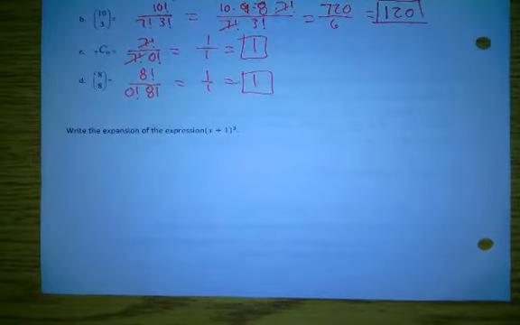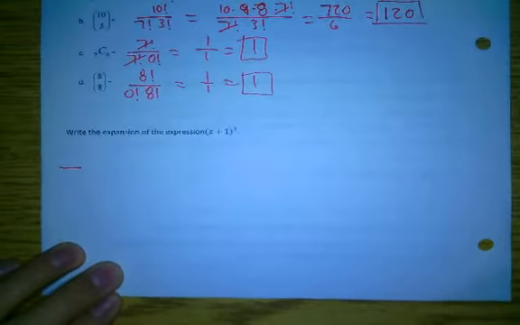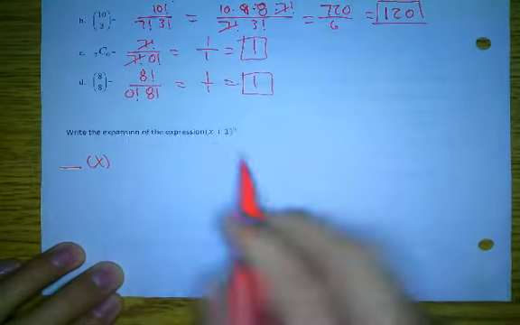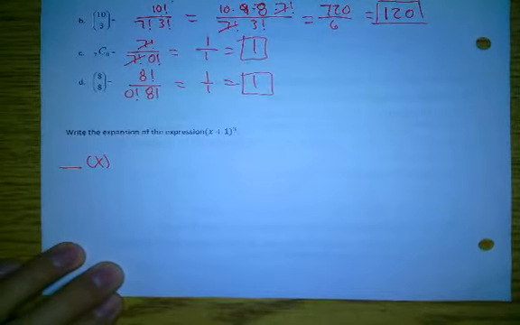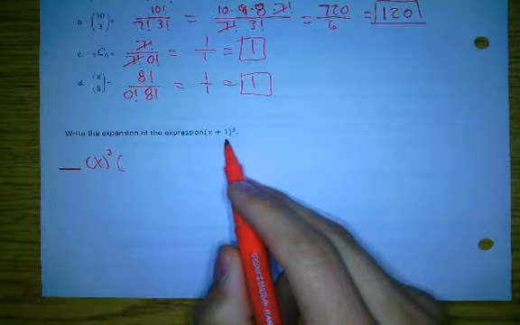I'm going to leave a space blank for the coefficient that we're looking for, and then you're going to have the very first variable, x to what power? Third power. And that's going to be multiplied by the second term on your binomial, which in this case is 1 to what power? 0.